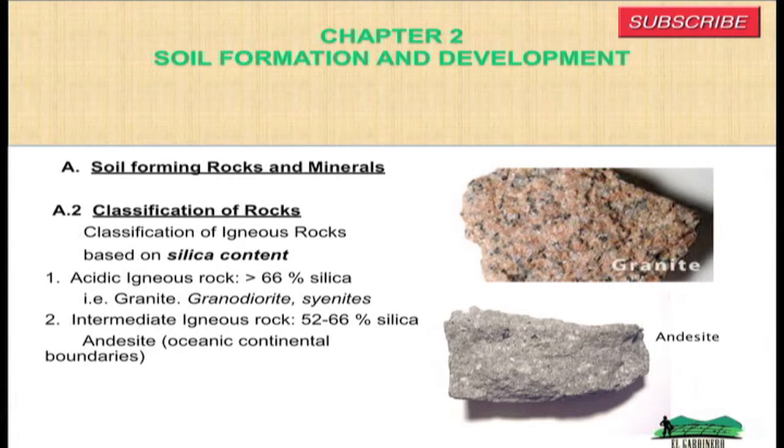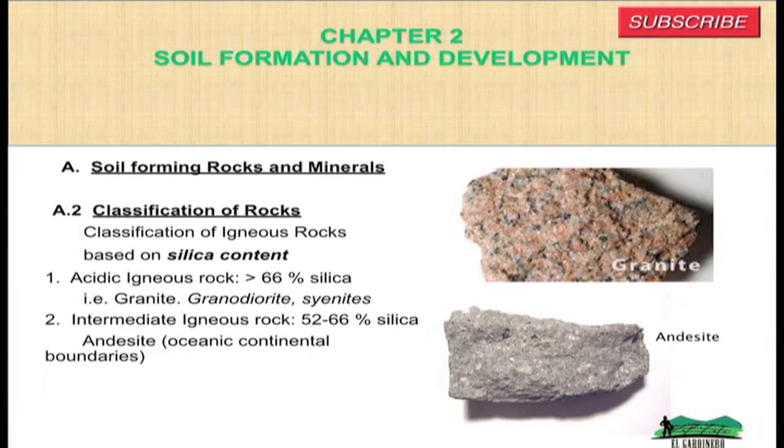And further classification of igneous rocks is based on the amount of silica that is present in the rock. So we have what you call the acid igneous rocks, that is containing more than 66% of silica. The examples are granite, which includes granodiorite and syenites.